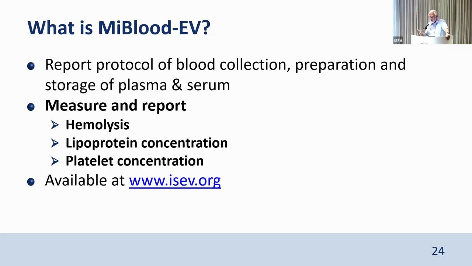For example, the platelet concentration is a measure for the efficacy of your centrifugation procedure and how well the operator has been able to pipette off the plasma without platelets. You can find this checklist at isev.org.